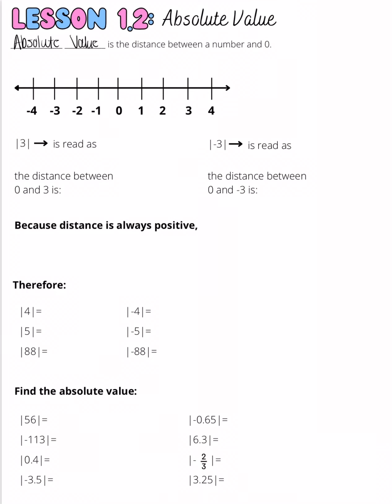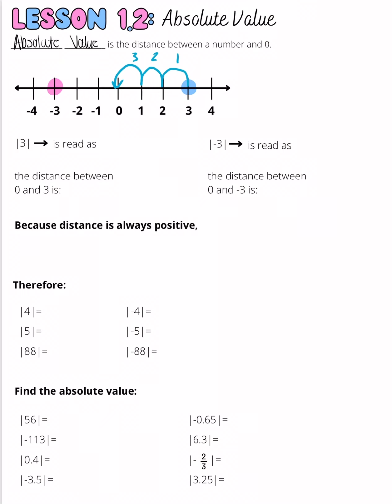So let's take, for example, -3 and 3. We're going to find their absolute value by figuring out how far away they are from 0. So we'll start with 3. So 3 is 1, 2, 3 spaces. Okay?